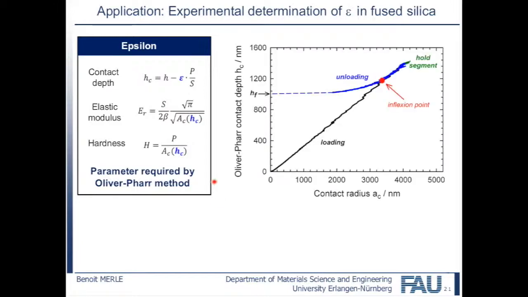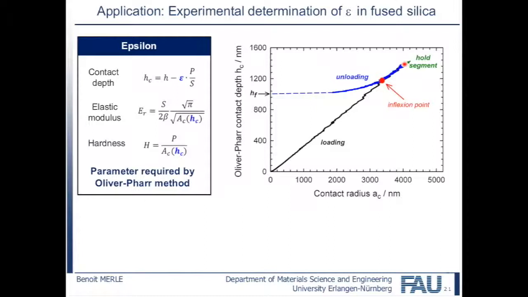If you remember the plot of the contact depth over the contact radius for fused silica, you will remember that I mentioned that the end of the loading segment and the beginning of the unloading segment were overlapping.